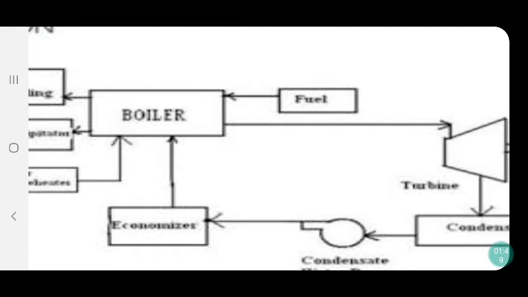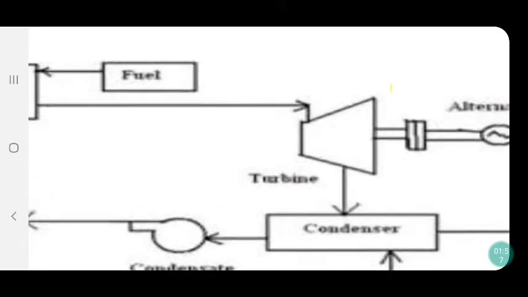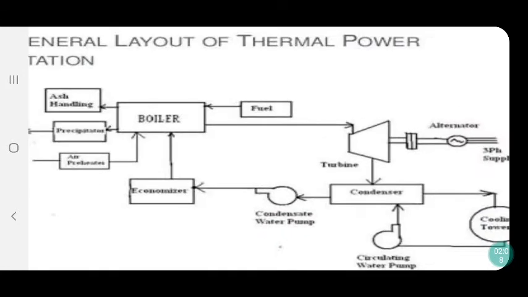Because of that heat, that water will get converted into steam, and that steam is passed through this turbine. Whenever the steam passes through the turbine, it starts rotating because of the high pressure of the steam.